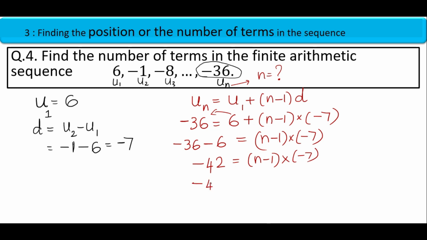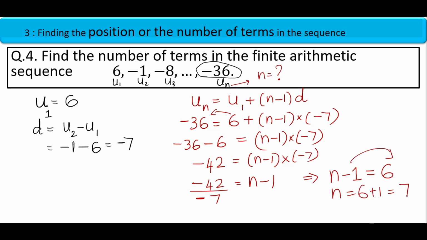So minus 42 divided by minus 7 gives me n minus 1. So n minus 1 is equal to negative 42 divided by negative 7, which gives me 6. So n is going to be 6 plus 1, which is 7.